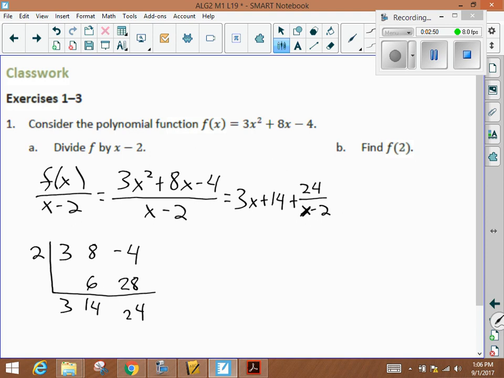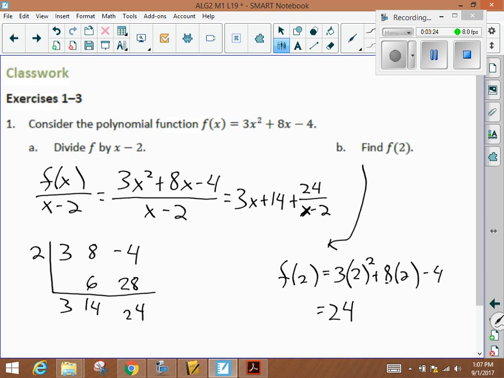Remember, in our function notation, what does f of 2 mean? What that means is everywhere that you see an x in f of x, substitute a 2. And if we calculate that, what are we going to get? Turns out to be 24. So we would say that f of 2 is equal to 24.